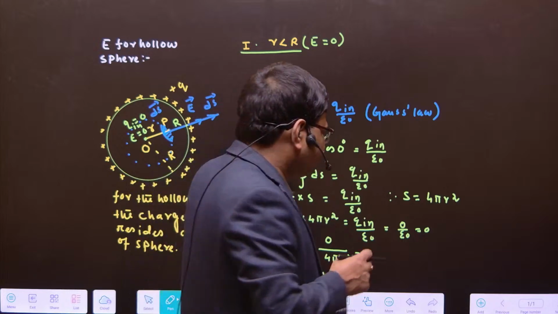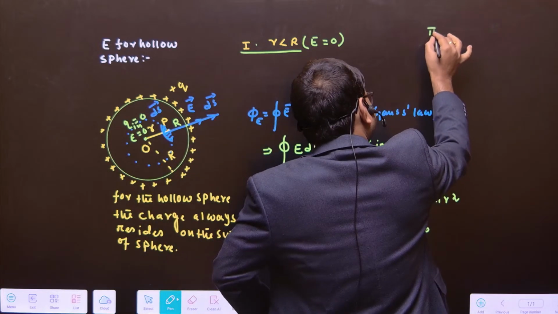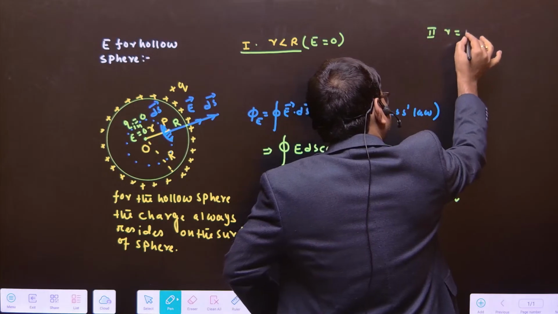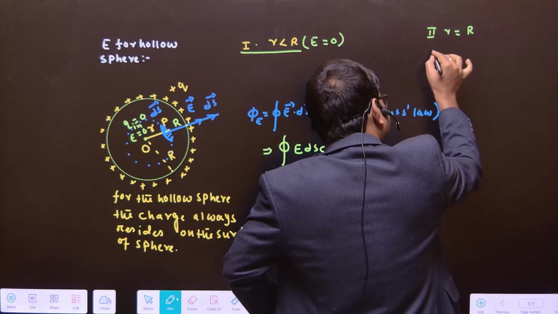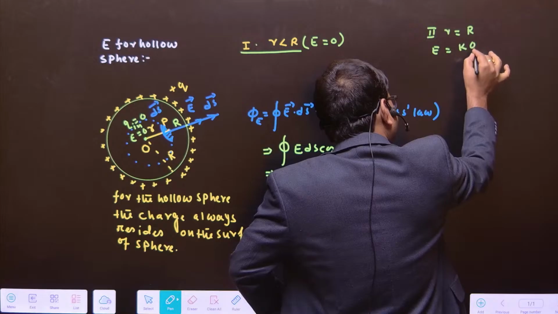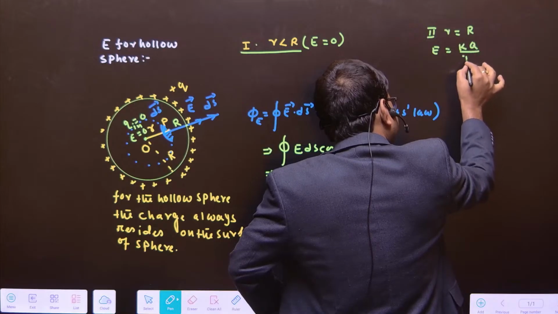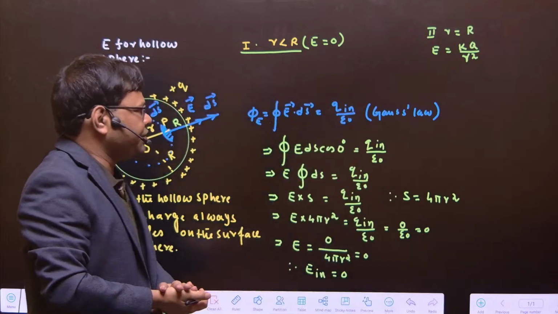Clear? So for number 2 case, r is equal to R, the value of the electric field is E is equal to KQ divided by R square. Right? On the surface, E is equal to KQ by R square.